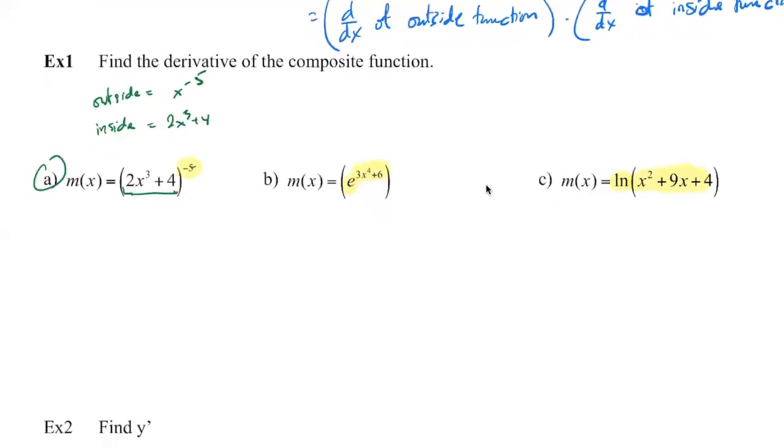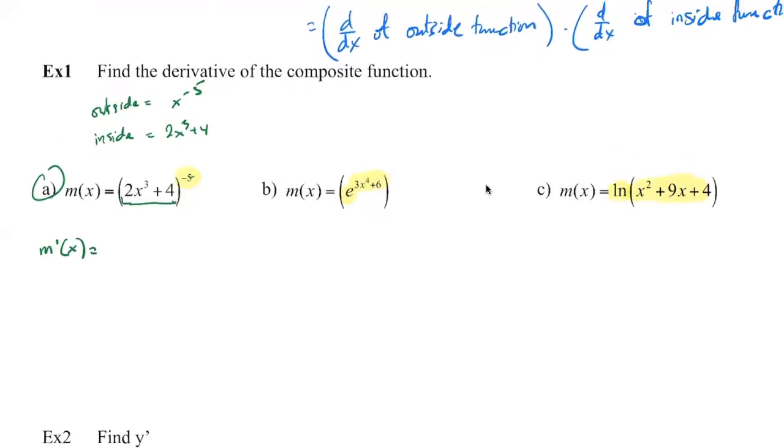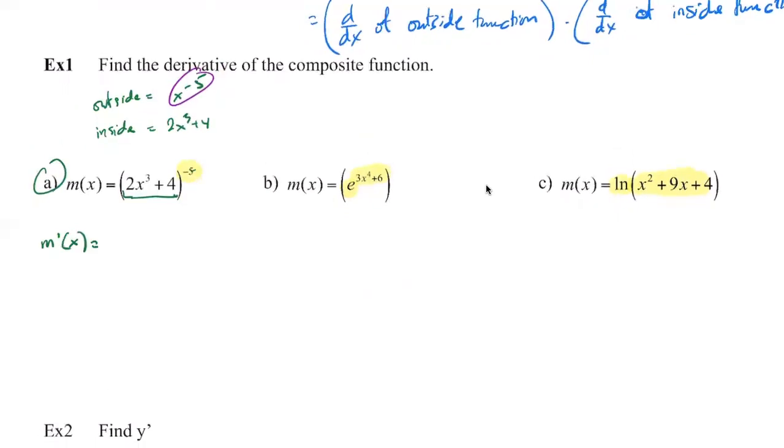So when we apply the chain rule, it says that first we take the derivative of the outside function. So what is the derivative of the outside function? It's a polynomial, so we apply the power rule, which says I'm going to bring down the power, and then take the power and subtract it by 1.